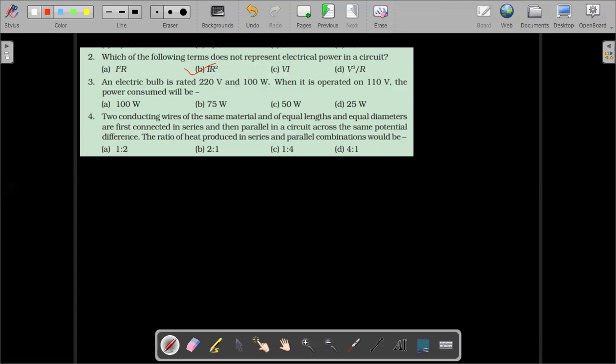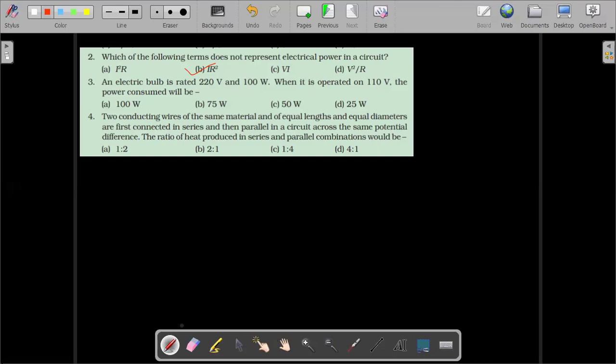It's given, first it was operated at 220 volts. Then its power was 100 watt. What would be the power used when it is operated at 110 volt? 50 watts. Yes, sir. Okay. How did you get it? Sir, it's a half.